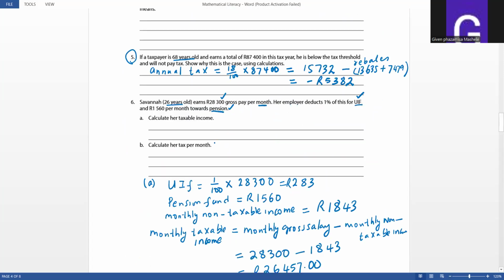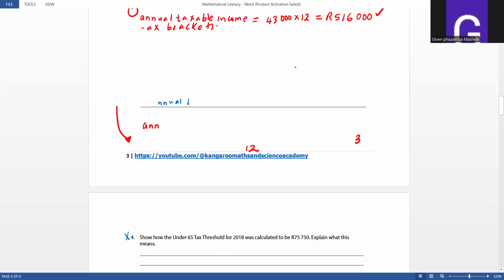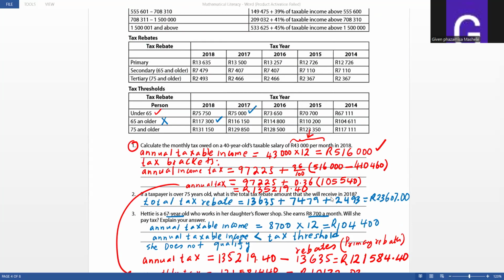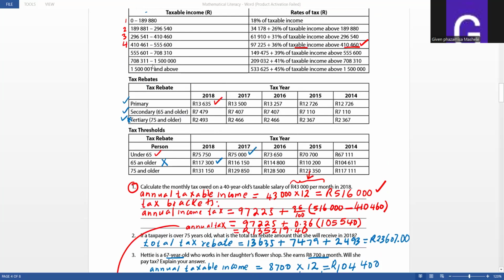So we can say annual tax would be, okay, let me just go and copy this. It's in this tax bracket, this one.